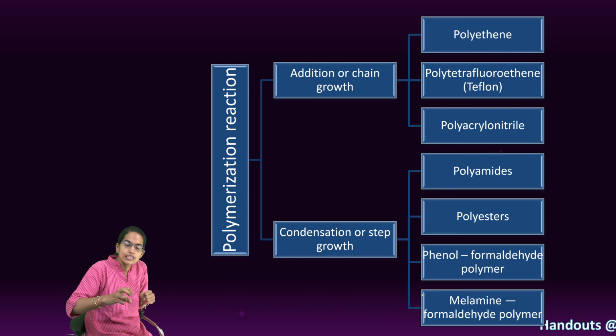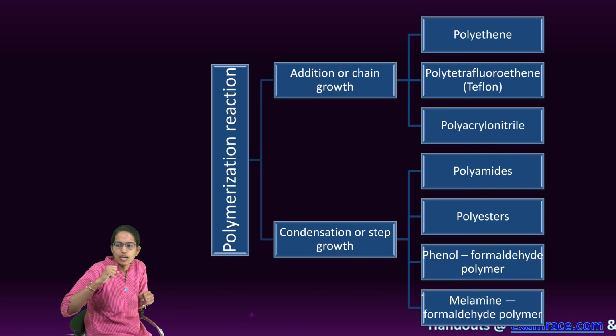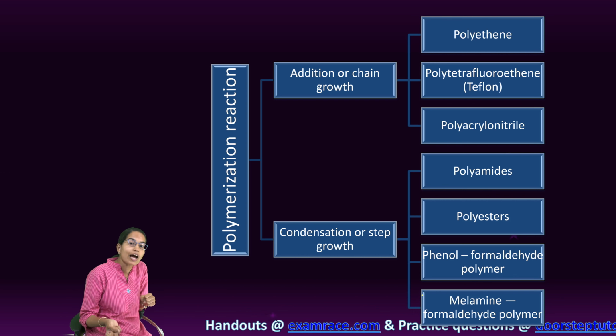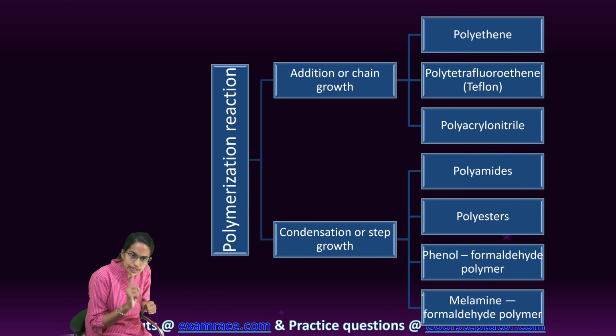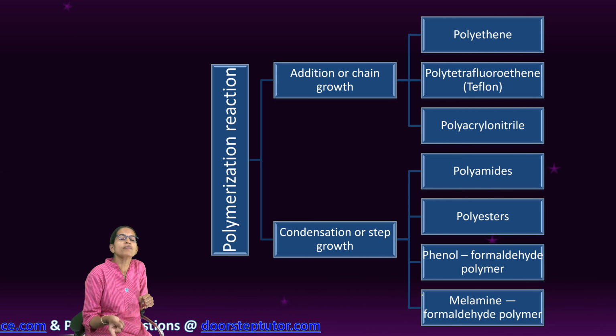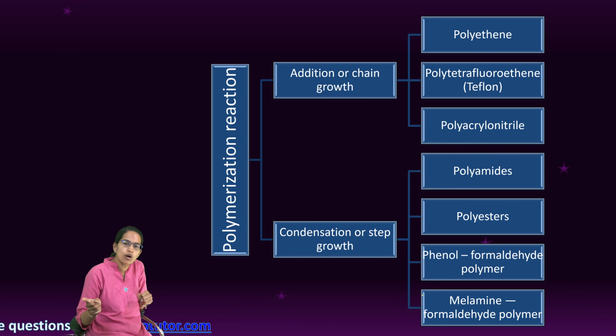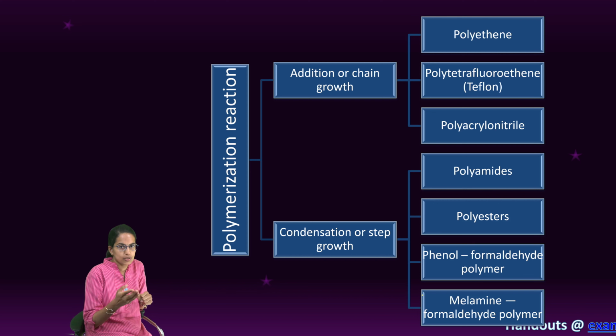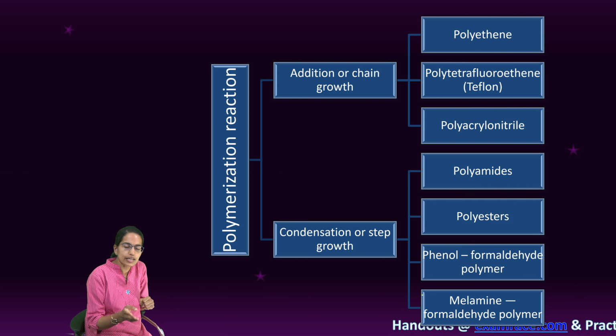However, under addition, there is formation of free radical or ionic species. So in an addition reaction, there is either a free radical which is formed or an ionic species, but the most common of those is a free radical, and therefore we would study the free radical mechanism in detail separately.